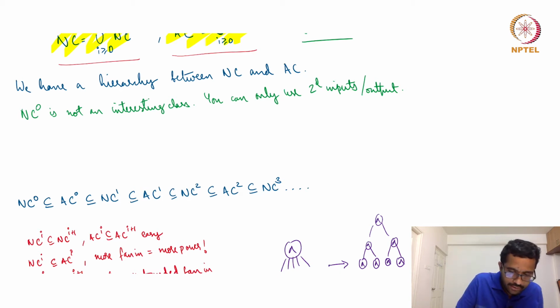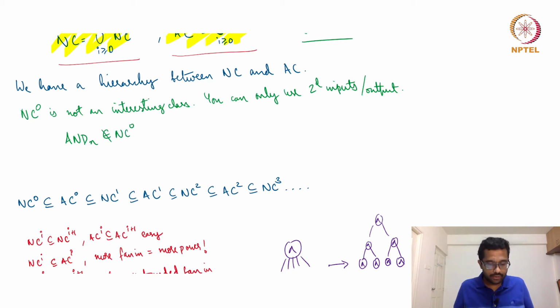For instance, even simple things like an AND gate on n inputs is not in NC0. But an AND gate on n inputs is certainly in AC0 because you can just use that one gate alone, right? So this inclusion is strict. NC0 is a proper subset of AC0.